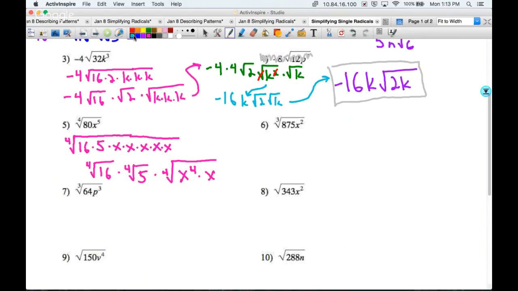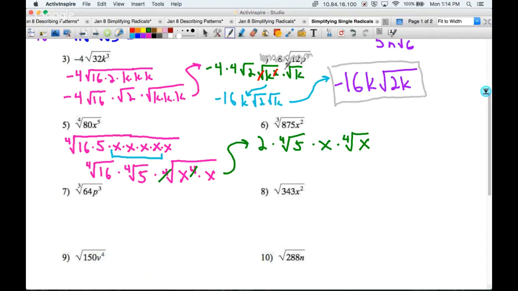So I'm grouping together x's so that now I'll be able to use power negation. The fourth root of 16 is just 2. Fourth root of 5 is just going to have to stay like that. This here is going to cancel, and I'll just have an x times a fourth root of x.